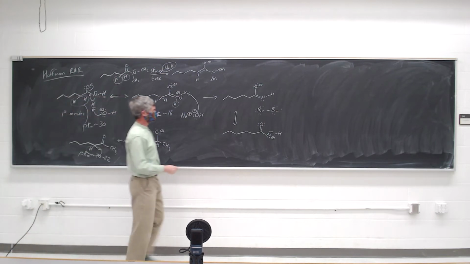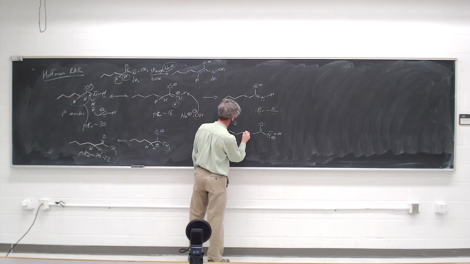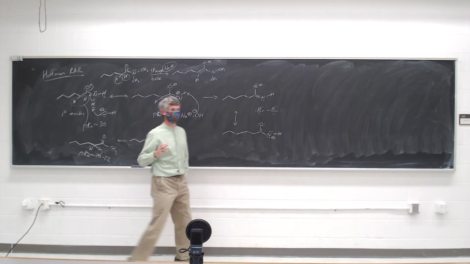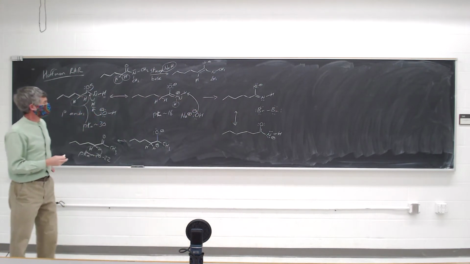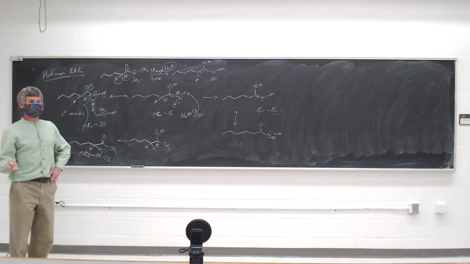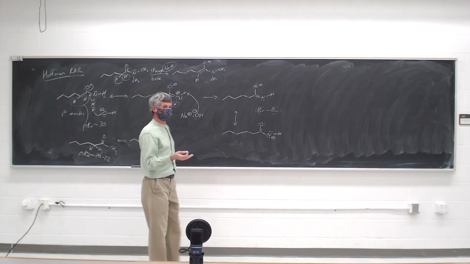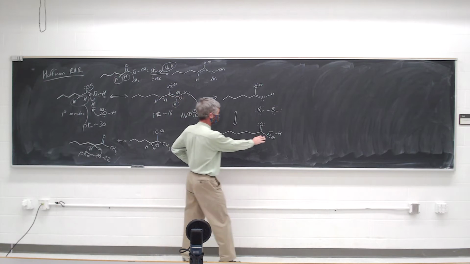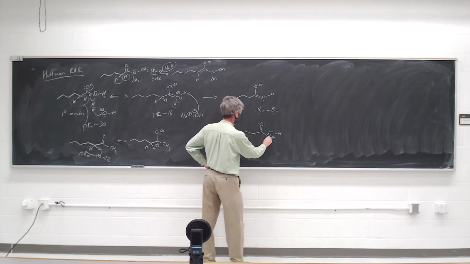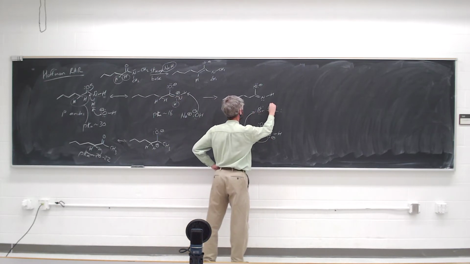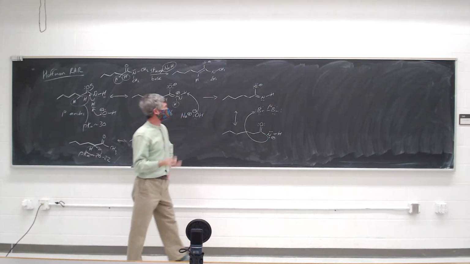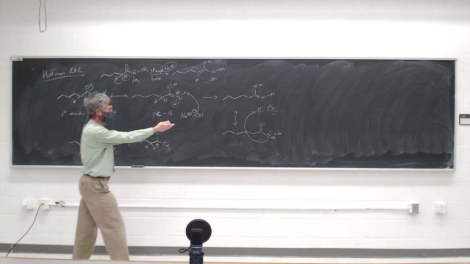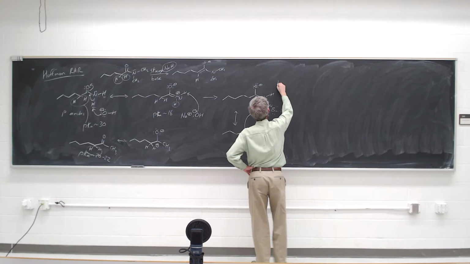I try to be consistent and have 6 carbons in all my intermediates, but feel free to let me know when I screw that up. So just as in the Hunsdiecker reaction, where we have the carboxylate salt doing an SN2 displacement on bromine, this nitrogen anion can do the SN2 displacement on bromine, ending up making a nitrogen-bromine bond. And you can show it from either of the two resonance structures.